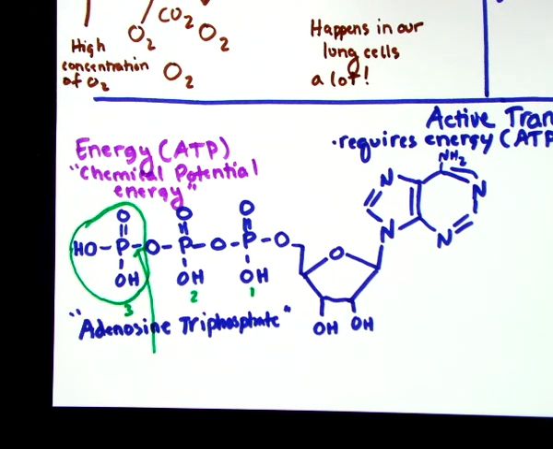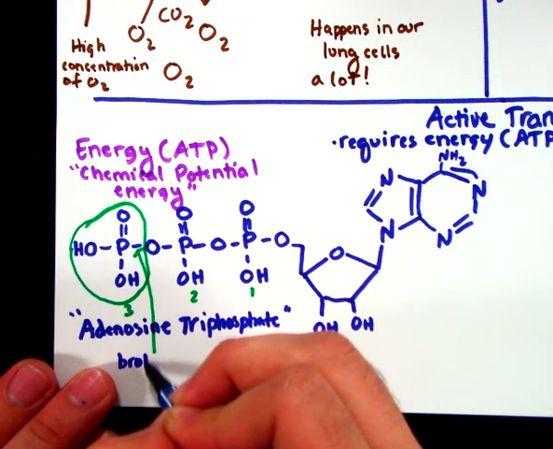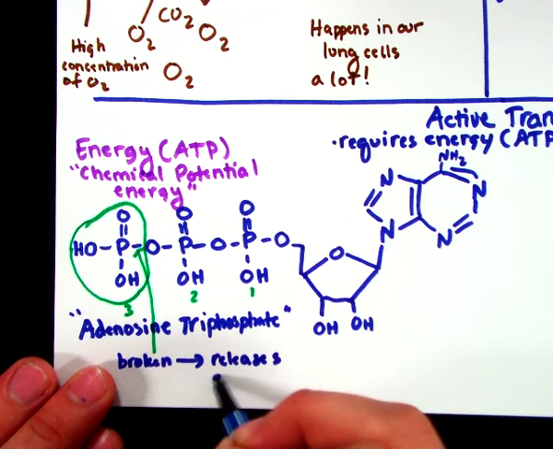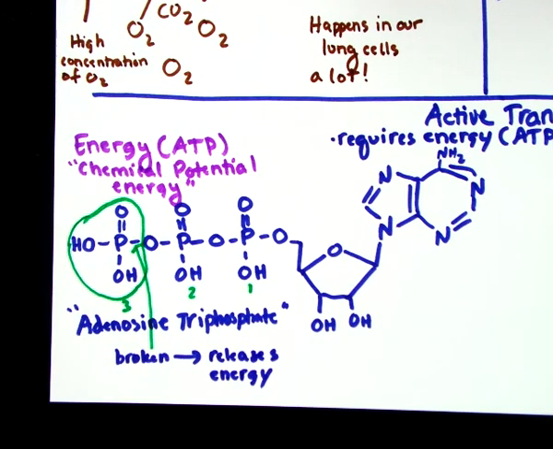What do you think is involved in breaking that polymer bond? Hydrolysis. So when it's broken, it releases energy. And that bond right there that I'm pointing out is broken. It releases tons of energy because that third phosphate doesn't want to remain there. It's unstable. So it breaks off and releases energy.